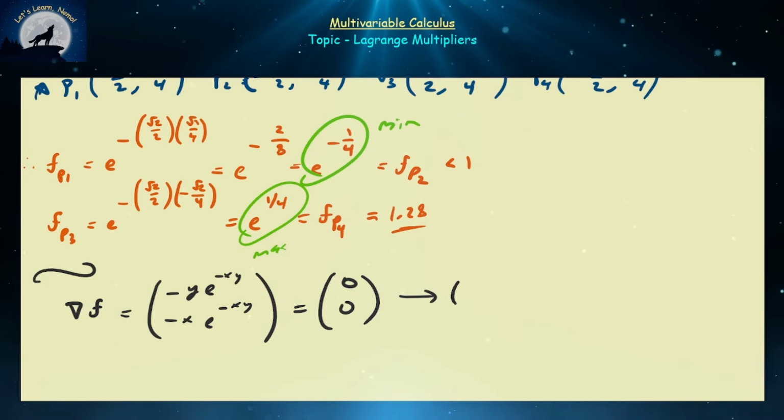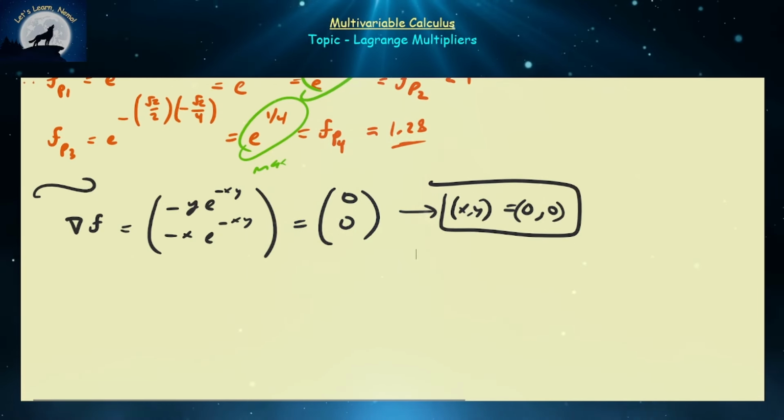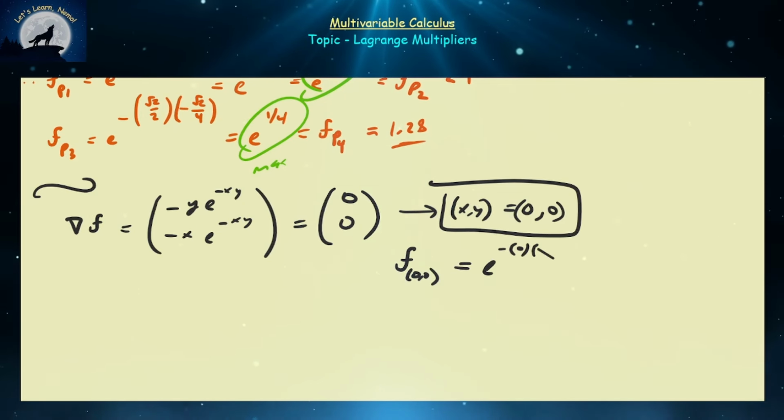And that only occurs when xy is equal to 0, 0, which is in the interior of our boundary, which is the point that we sort of excluded from our logic for our boundary points, which is perfectly fine now. So this is where the gradient is equal to 0, so it's either a max, a min, or a saddle. So if you plug in at the point 0, 0, you're going to get e to the minus 0 times 0, which is equal to 1.